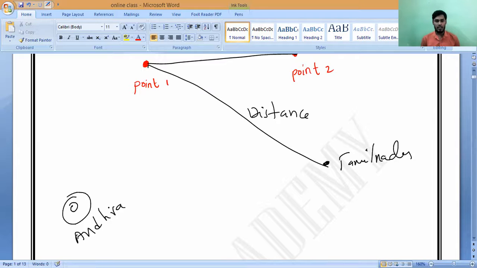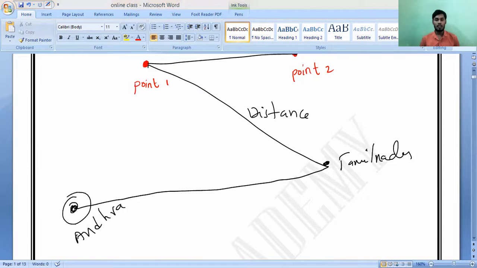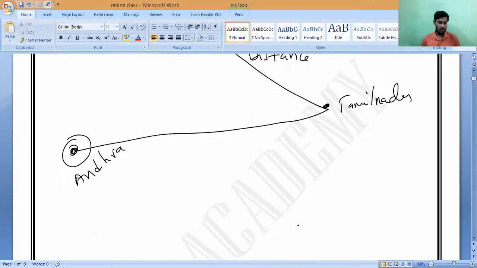If I measure the space between these 2 points, it is called the distance between Andhra and Tamil Nadu. The length of the space between 2 points or 2 places is called distance. Are you understanding, all of you? Yes or no? Yes, Ra? Yes, sir.